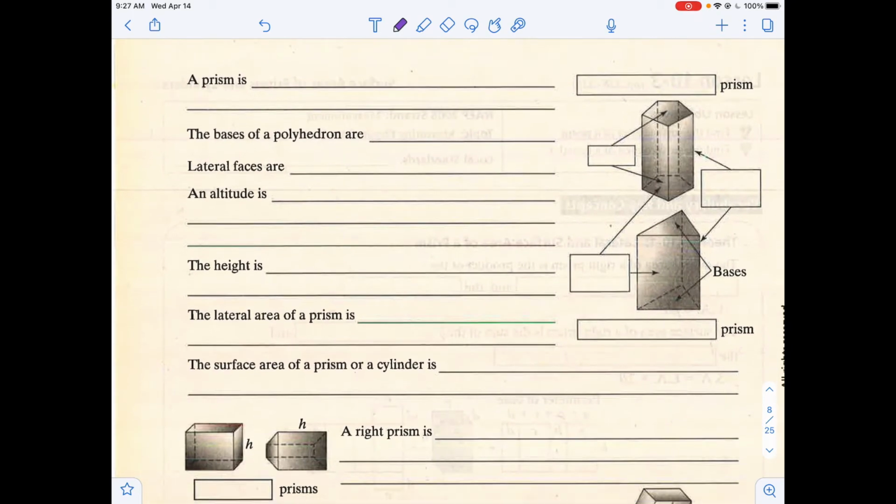There is quite a bit of vocabulary, so stay with me. I know you can do it. A prism. A prism is a polyhedron, which we talked about in the last couple lessons. A polyhedron with exactly 2 congruent parallel faces.